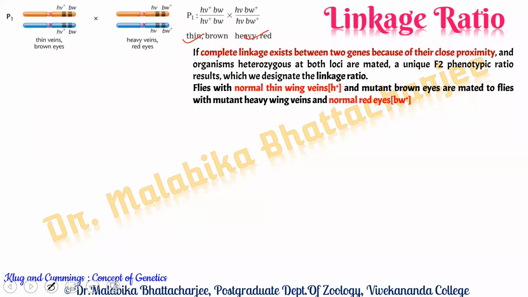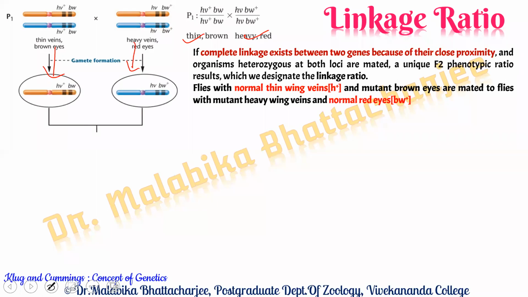Now we'll be getting gametes from both these flies. So we'll be obtaining one gamete, which is thin veins, brown eyes, and one gamete from here, which will be the heavy veins and red eyes.